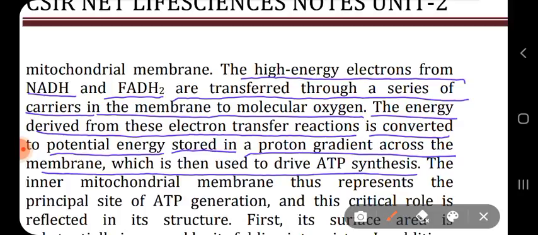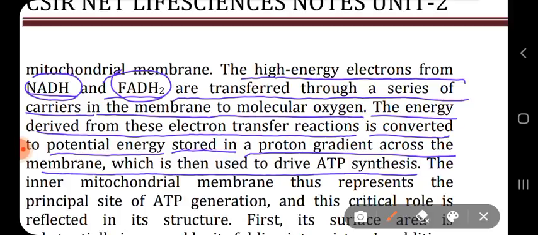So, to repeat, the high energy electrons present within the NADH and FADH2 will be transferred through a series of carriers, right? Because reduction means removal of oxygen, addition of hydrogen, or addition of electrons.